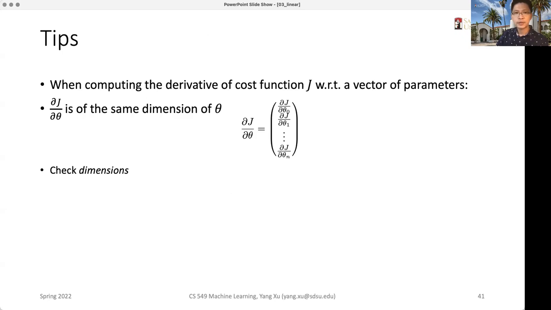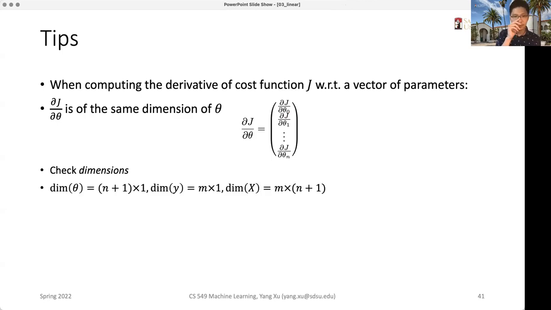Dimensions are always something we can check to make sure our calculation is correct. For example, the dimension for theta in our case is n+1 by 1. For y, it's m by 1. For X, it's m by n+1. And the cost function is just one number, so its dimension is 1 by 1.